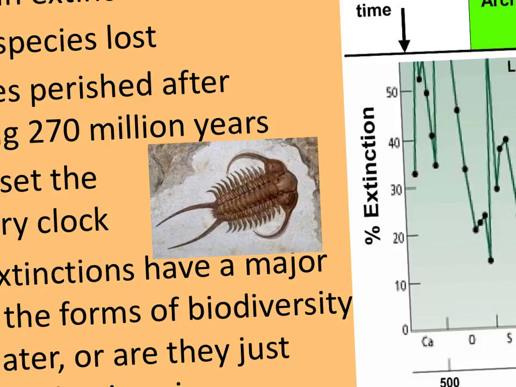Arthropods include crabs and insects and a bunch of different things. They also include trilobites. There were probably thousands and thousands of different species swimming in the seas, from the Cambrian, about 500 million years ago, all the way up until the Permian, 250 million years ago.